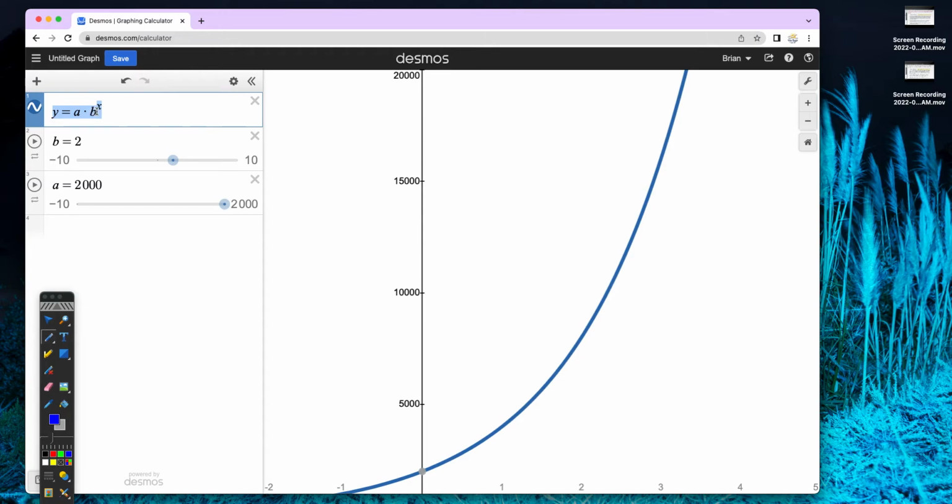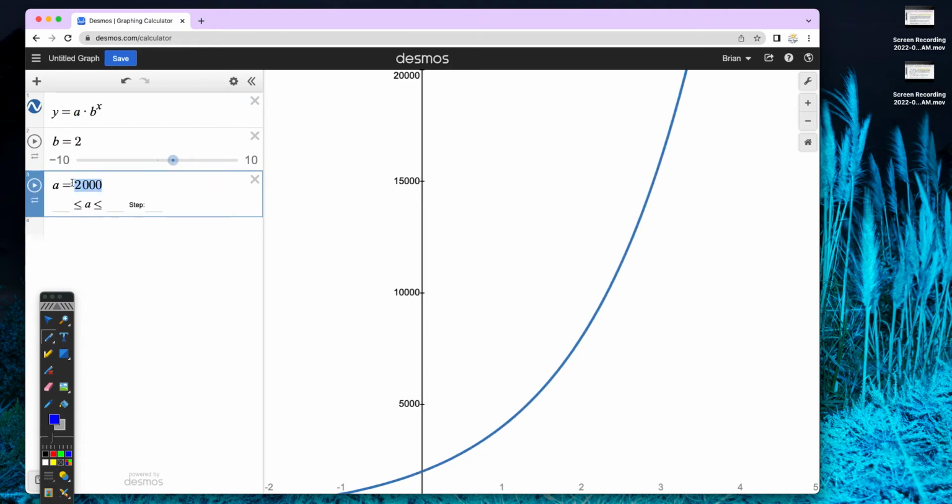But the point is, if b is bigger than 1, you're going to get growth. If b is in between 0 and 1, you're going to get decay. Now, your a value also plays a role with that, because if your a value is negative, it will cause a reflection and can also generate a decay curve. So I'll leave that for you to look at and play around with.